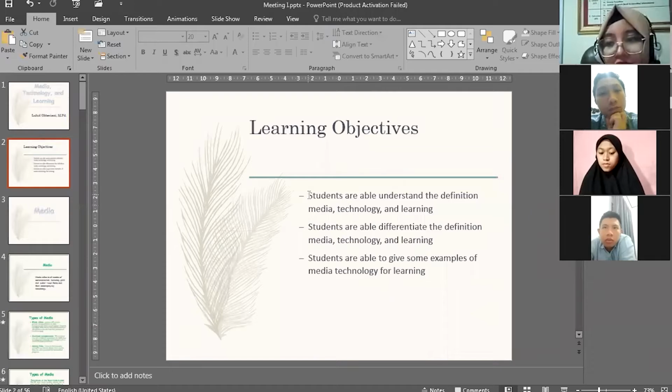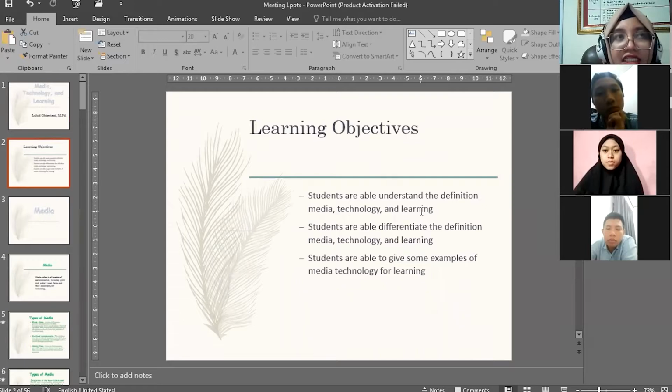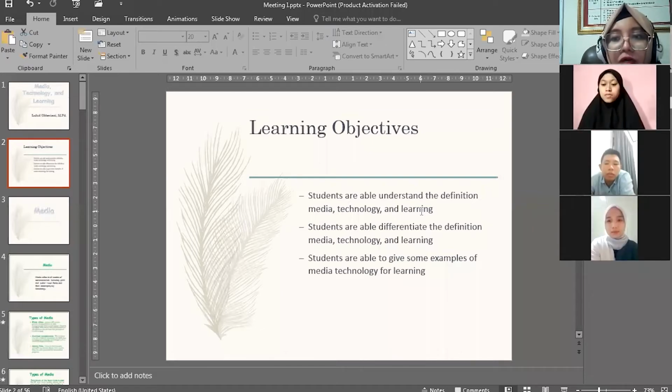Okay, at the end of the session, hopefully students are able to understand the definitions of media, technology, and learning. Since it is an English teaching media subject, it is necessary for you to understand these definitions, so hopefully in the future you will not get confused related to these terms.